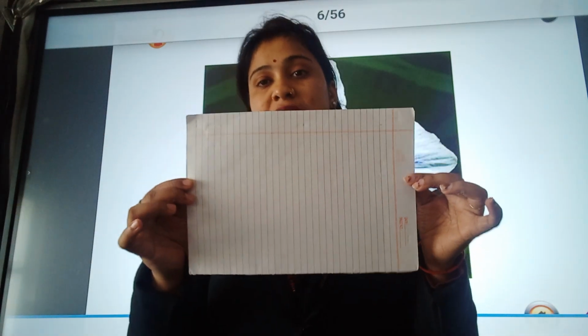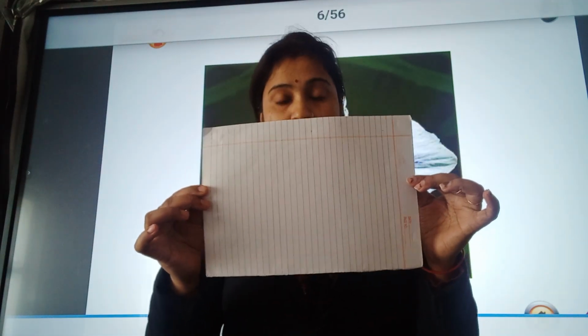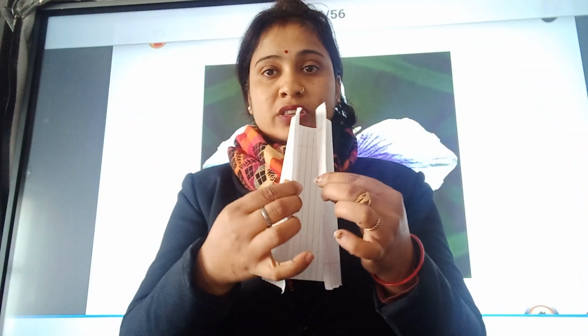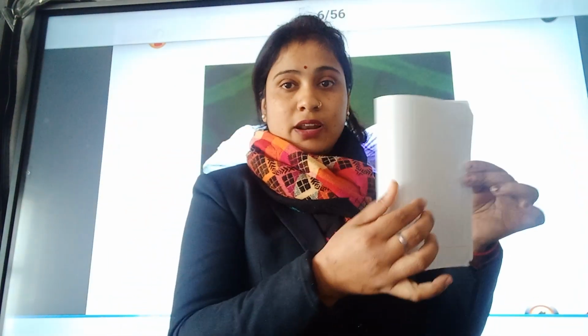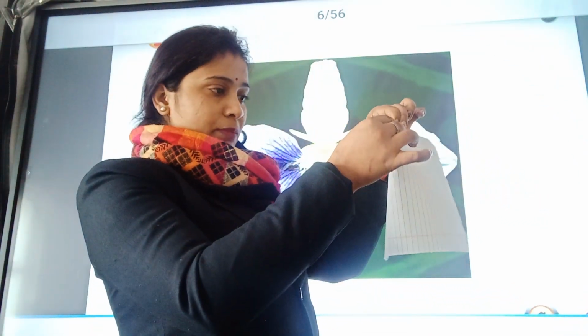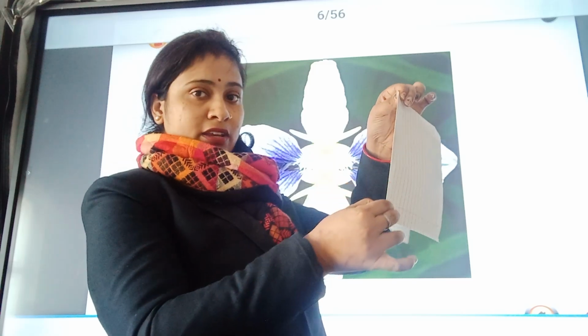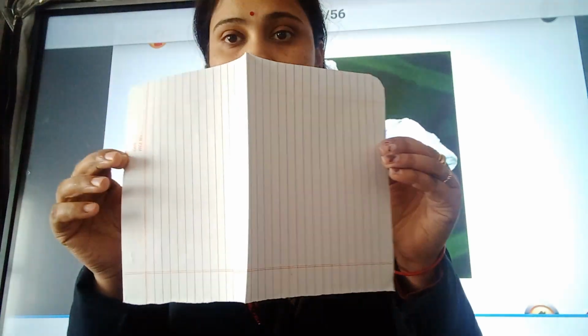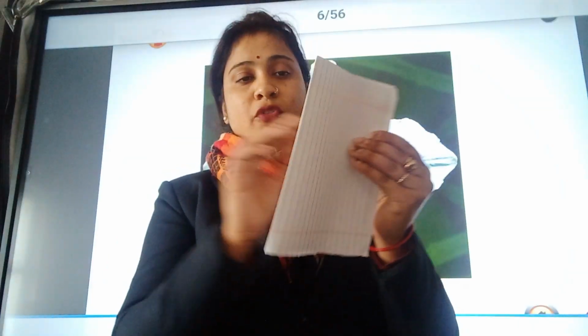So this page is in the form of a rectangle. Okay, now if I fold it along the central line, like this, can you see the margin along which I fold it?